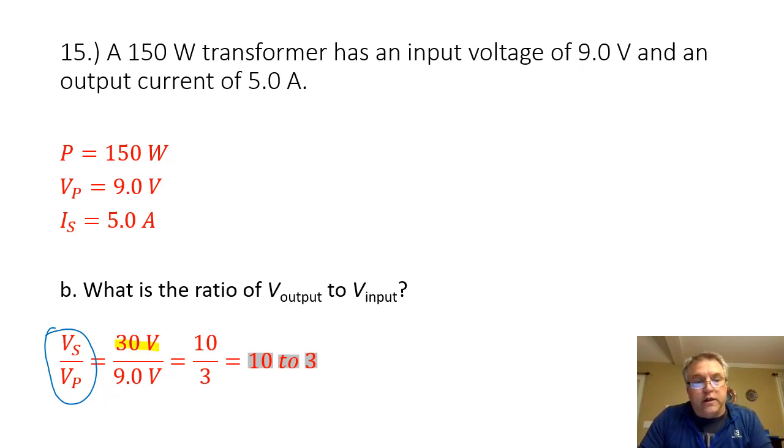The voltage on the primary coil is 9 volts. Once again, my units will cancel out here, and I can reduce this down to 10 over 3. So my ratio of the output voltage to the input voltage is going to be 10 to 3.